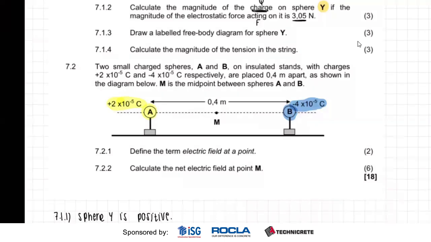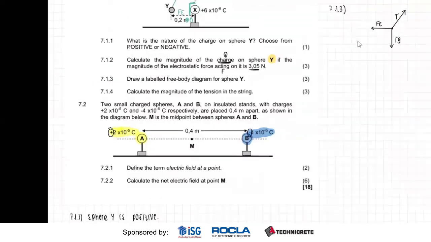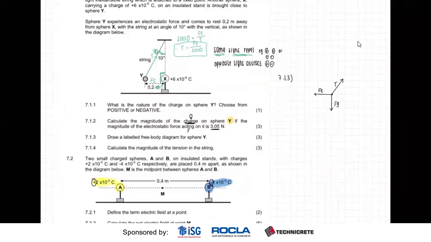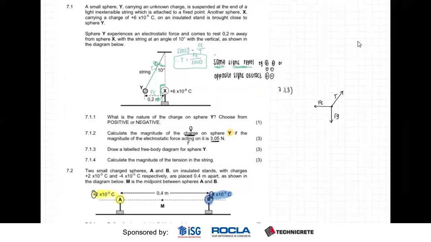Without even looking at the questions, we can see that A is positively charged and B is negatively charged. So from just seeing that they have different charges, we can tell that same signs repel, opposite signs attract.